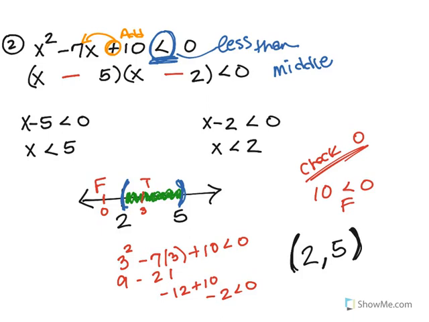Less than, that's the normal pattern, it's going to be in the middle. Greater than, and this doesn't matter if it's got the equal on it or not. The equal just means bracket versus parenthesis. It doesn't have any bearing on the shade. So it goes for that too. But greater than is going to normally be an outside shade.